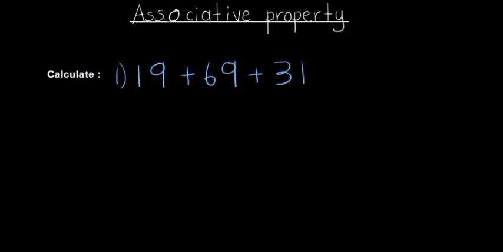The associative property of addition is simply a grouping property of addition. In this question, we are going to use the grouping property of addition to help us add these numbers easily.